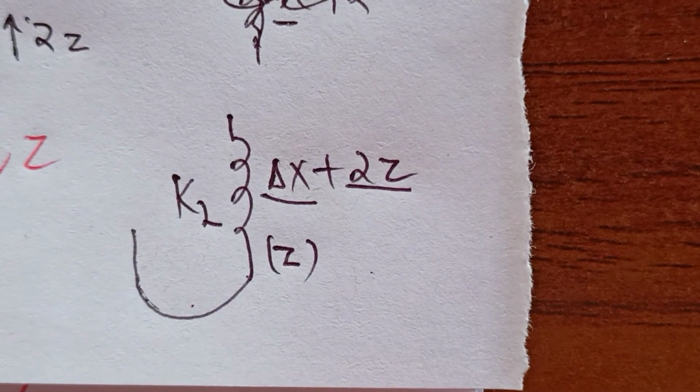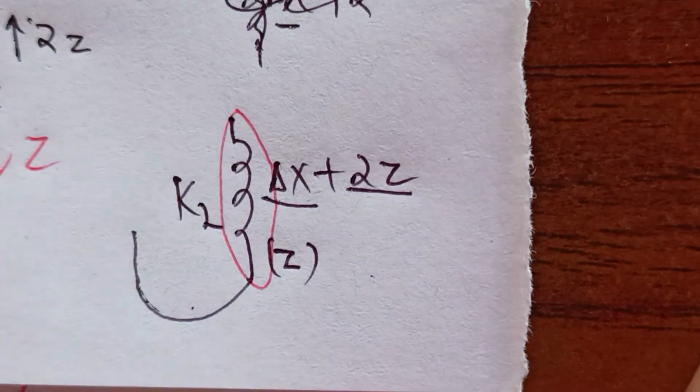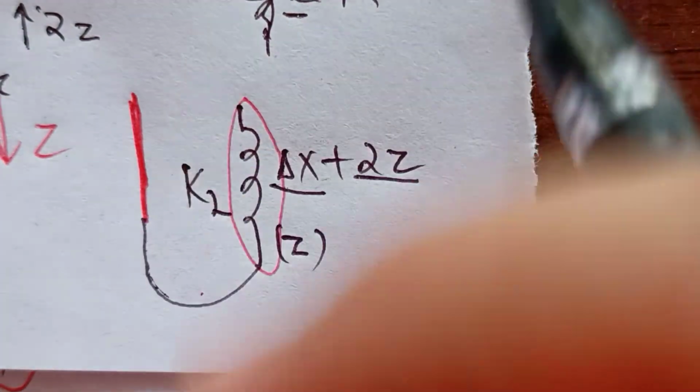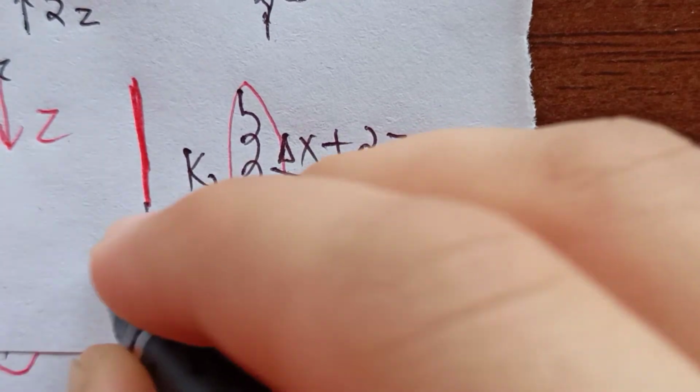Suppose this is a black color spring and this is a red color string. So what I will observe when I pull this pulley by z is that some part of the black part is observed here, and if you measure this part, this will be z.